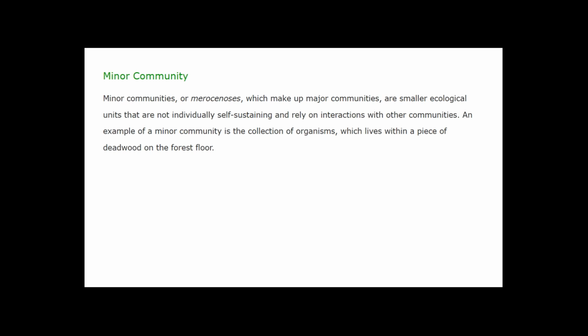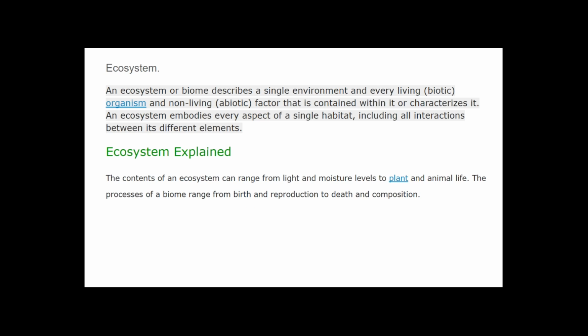A piece of deadwood on the forest floor can host a minor community, but the point is it's dependent on the forest itself for its own existence. So it's not self-sustaining. I suppose at one point the deadwood on the forest floor will eventually decompose, and the members of that community will therefore need to find another piece of deadwood in order to continue their existence.